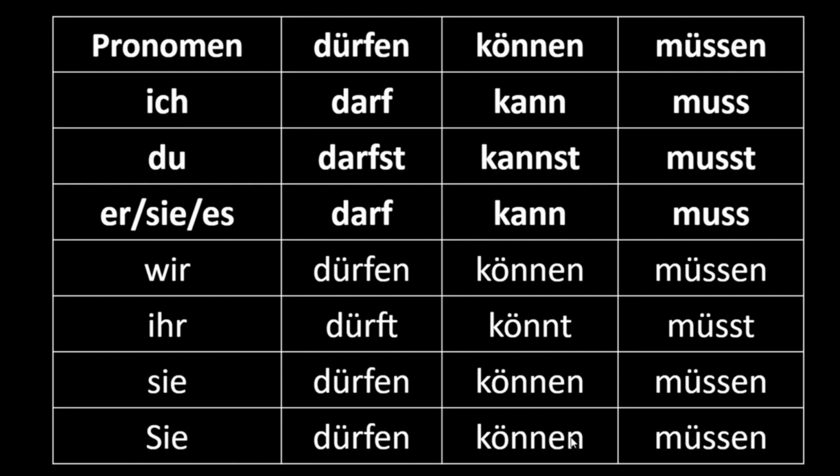Müssen means must. You can also equate it to have to or need to. So if you want to say I must, you can say ich muss. Similarly, du musst, er, sie, es muss, wir müssen, ihr müsst, sie müssen.